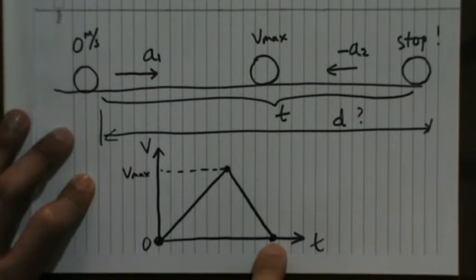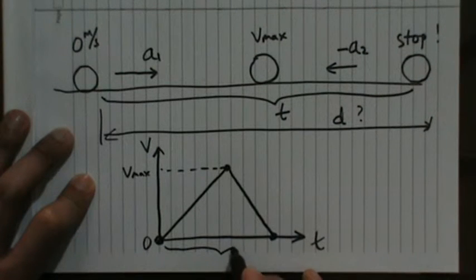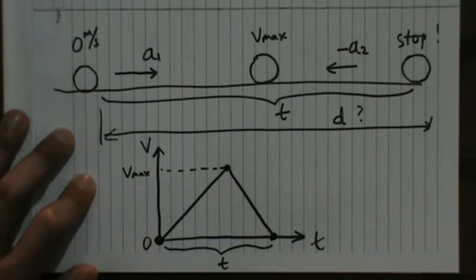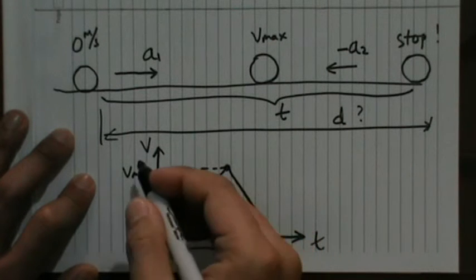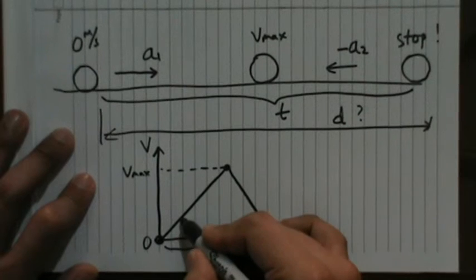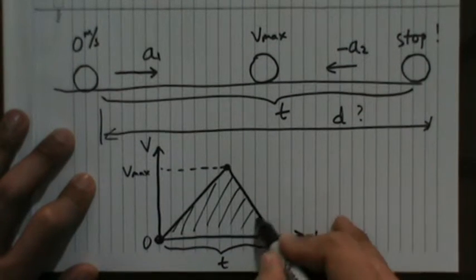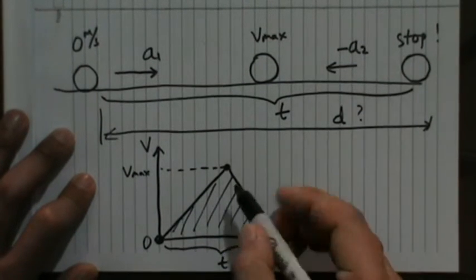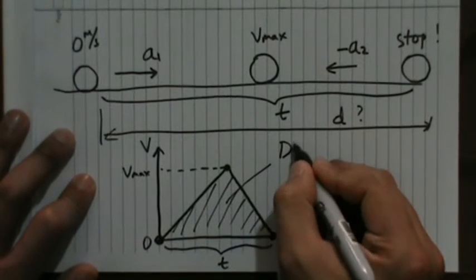So the speed is 0, and the total traveling time here is t. Now you already learned that if we have a speed versus time graph, the area under the graph is the distance.